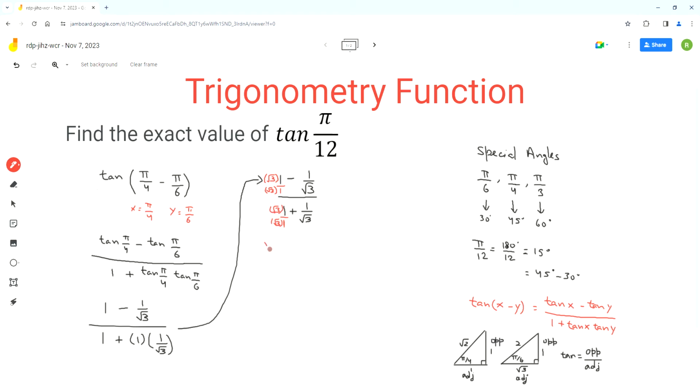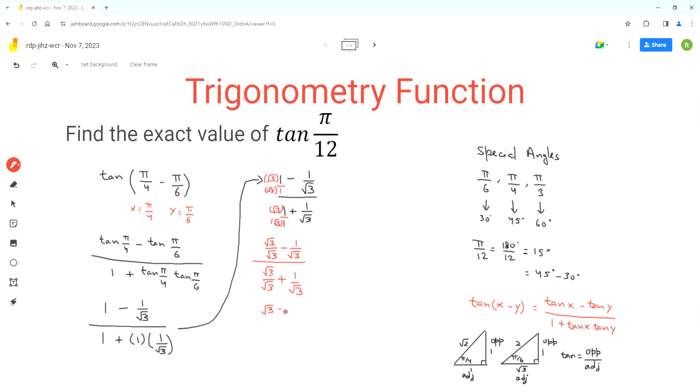So we get square root 3 over square root of 3 minus 1 over square root of 3, over square root of 3 over square root of 3 plus 1 over square root of 3. Now we have a common denominator, so we can combine the fractions.